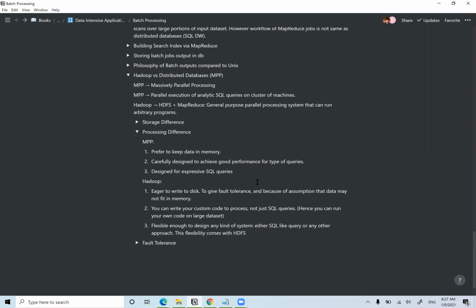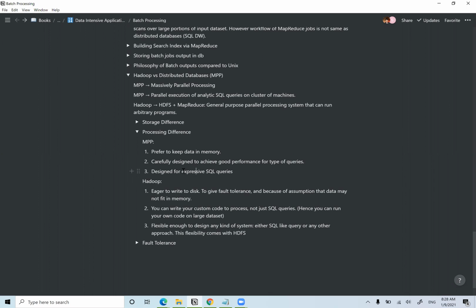I see. So can we say that the lines between MPP and Hadoop are kind of blurring? The advantages that MPP would be providing, people are building systems on top of Hadoop that provide those advantages.